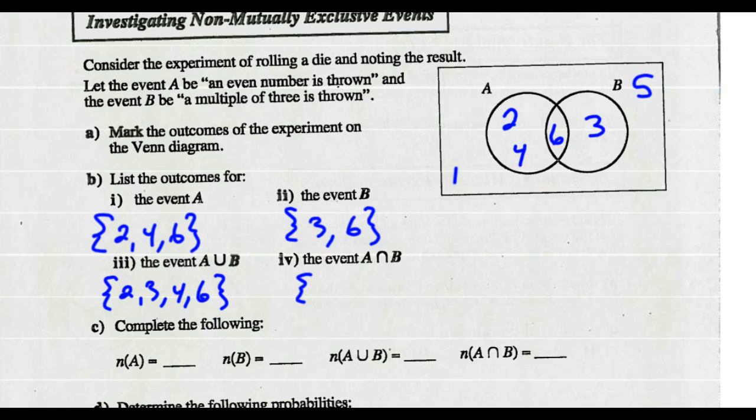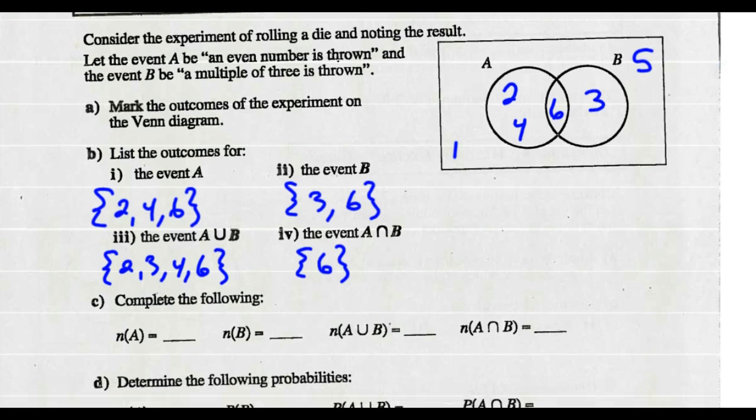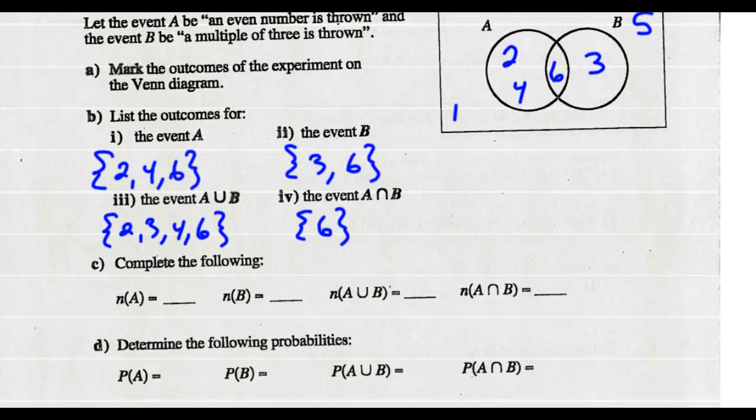A intersect B, or A and B, is the element 6. So again, complete the following. How many elements are in A? We've got 3 even numbers. How many elements in B? 2 multiples of 3. A union B, there are 4 elements there, and A intersect B, only the number 6. There is one element there.